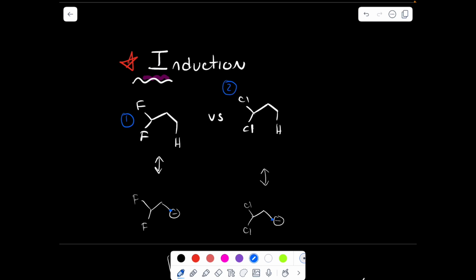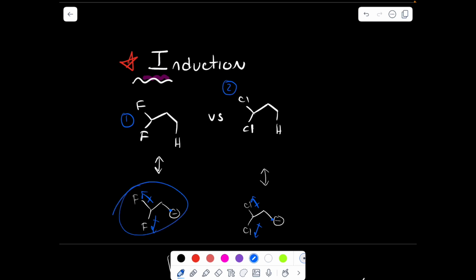So then we can ask, okay, well, is there any electronegative atoms near this carbon that holds the negative charge that could inductively help me out, that like to pull electrons towards themselves so they can help stabilize this negative charge via induction? Yes, there's fluorines on compound 1, and there's chlorines on compound 2. So which compound is more electronegative? Hence, which compound pulls electrons with greater strength towards their side, which helps me stabilize the negative charge?